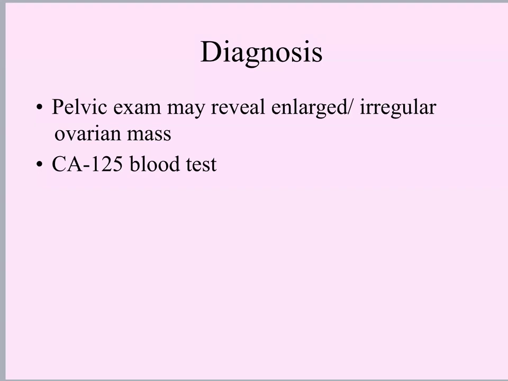A practitioner should be using their fingers to palpate the uterus, and they should be trying to feel the ovaries as well. Now, that can be pretty difficult, but sometimes a mass is felt on that pelvic exam, which is just a hands-on exam. If that is suspected, they can also do a CA 125 blood test, which is not 100% definitive, but can give some clues as to what is going on.